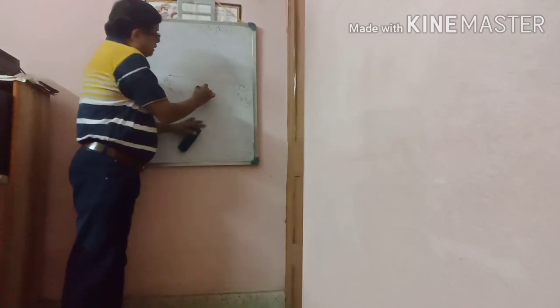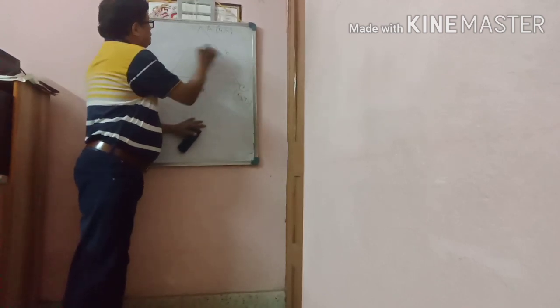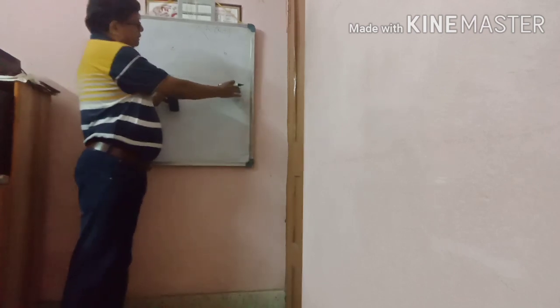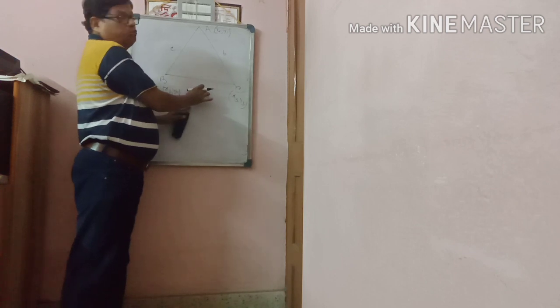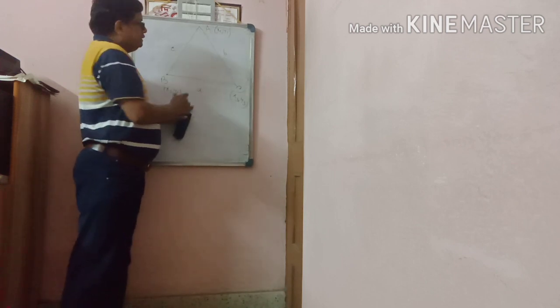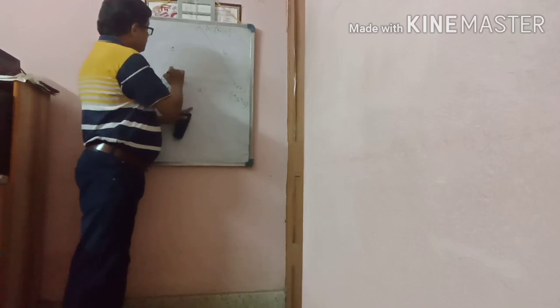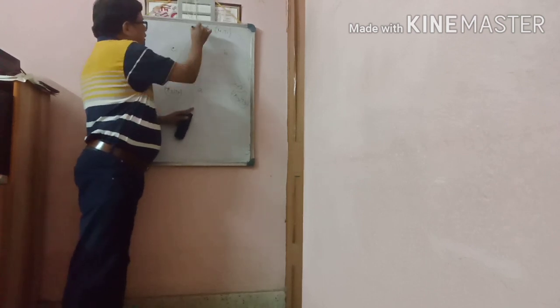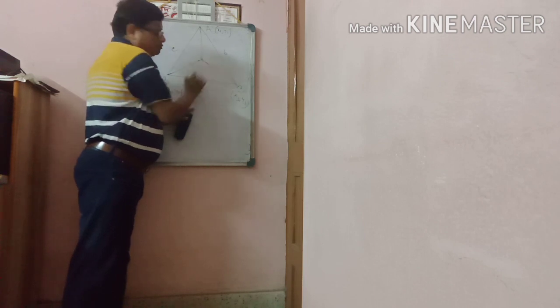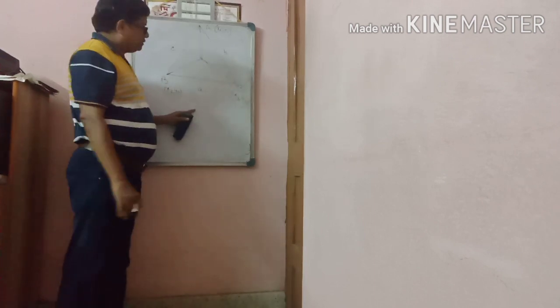Suppose this is A, this is B, this is C. The length of BC is a unit, this is b unit, this is c unit. Incenter means the angle bisectors.